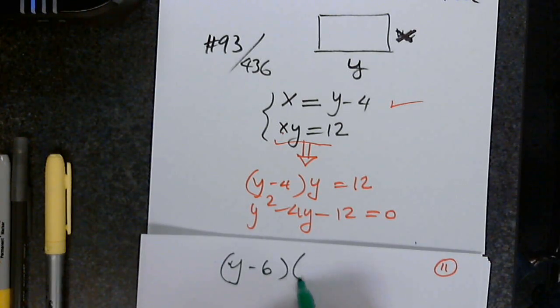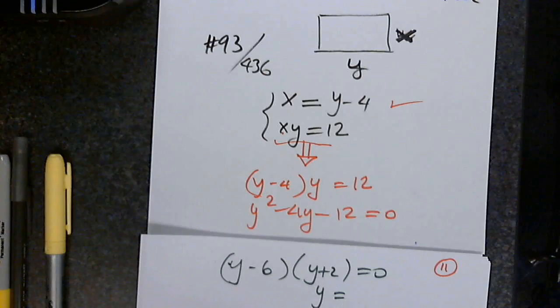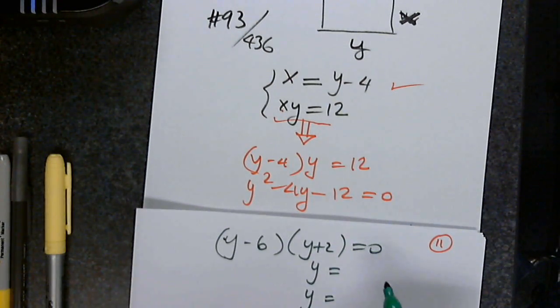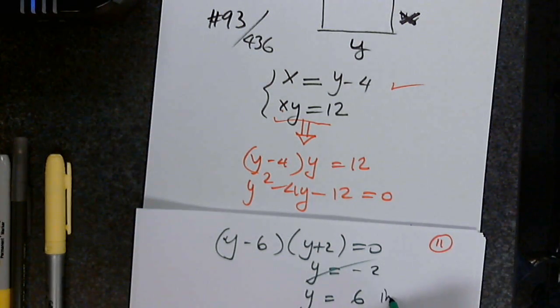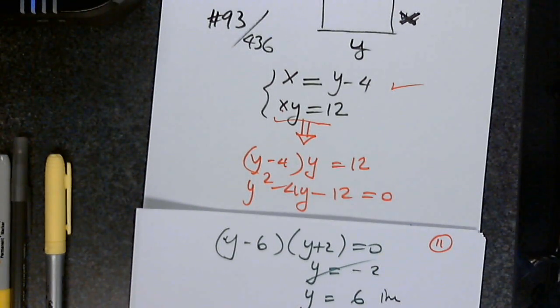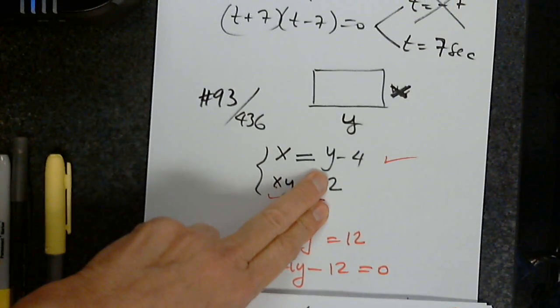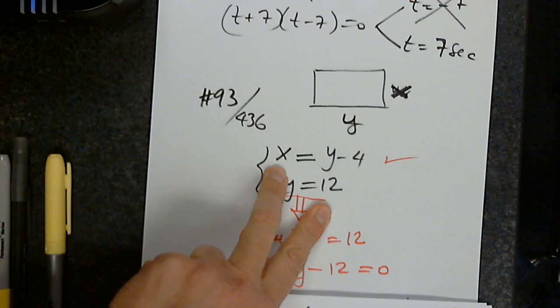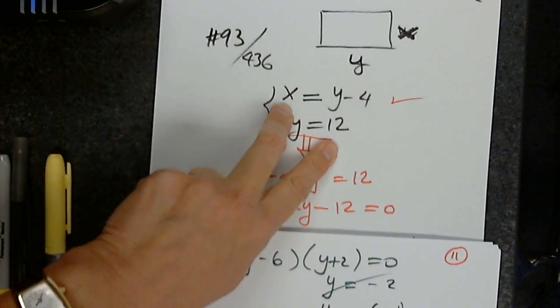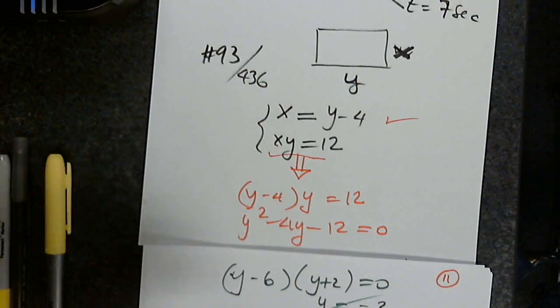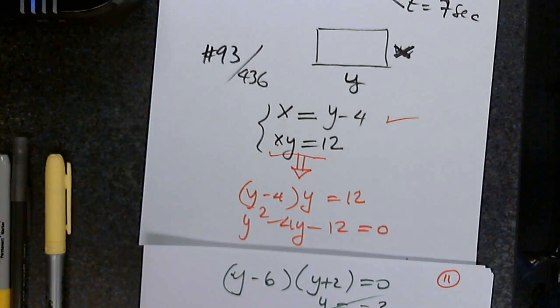Y minus 6 and y plus 2. So there are two options. Good. Since we're talking about the length and inches, I cannot consider negative 2. But if y is 6, how much is x? 6 minus 4. So x equals 2 inches.